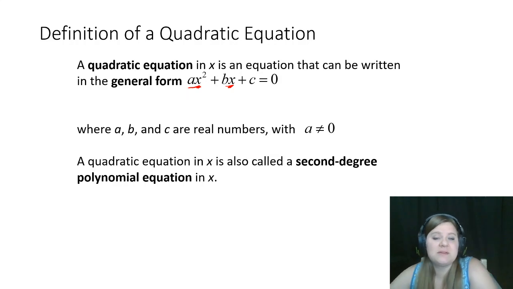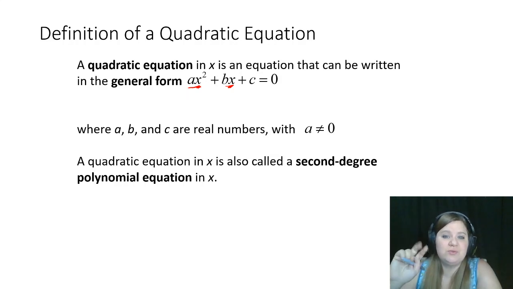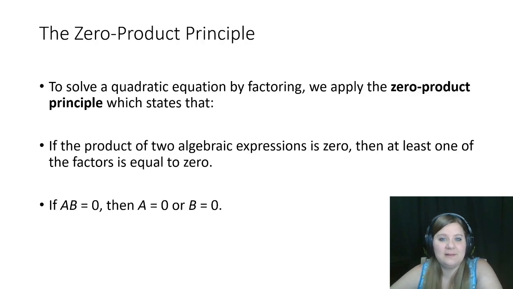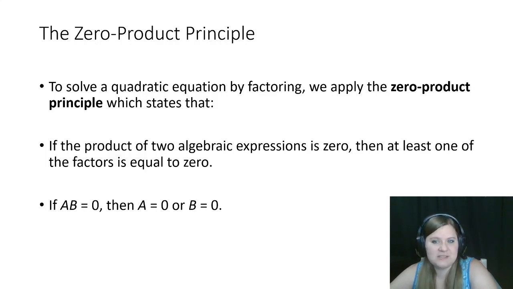Now, sometimes we call this a second degree polynomial, and that's because it has an exponent of 2. It is the second degree. All right. So, the zero product principle is something that we use a lot to solve these equations.